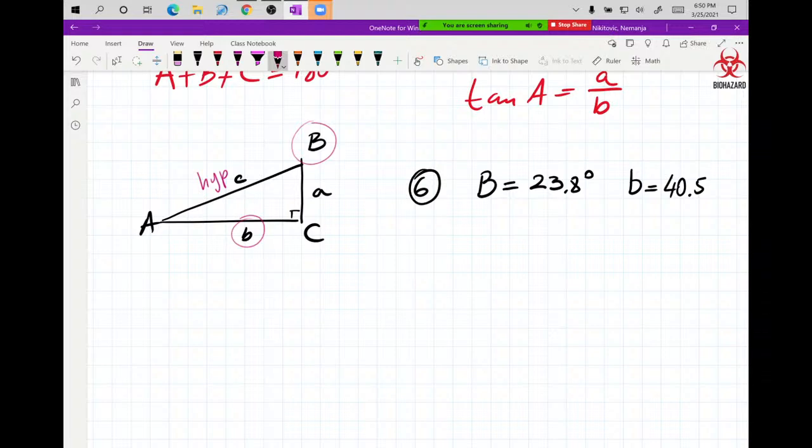So B, being the angle, makes this an opposite and then makes this adjacent here, because the adjacent leg is the one that's touching the angle, and the opposite leg, right? The shorter sides of the triangle are called legs, and the long side is called the hypotenuse. So one of the legs is always going to be opposite, and the other one of the legs is always going to be adjacent.